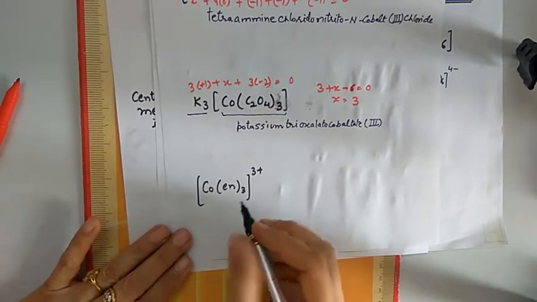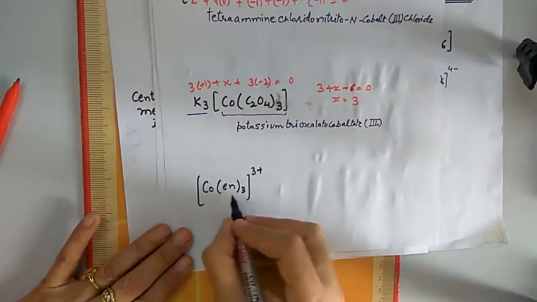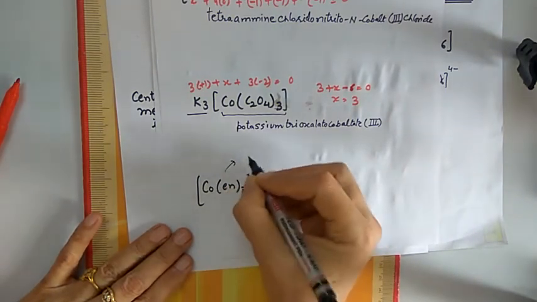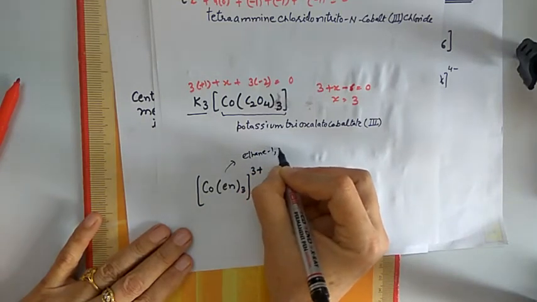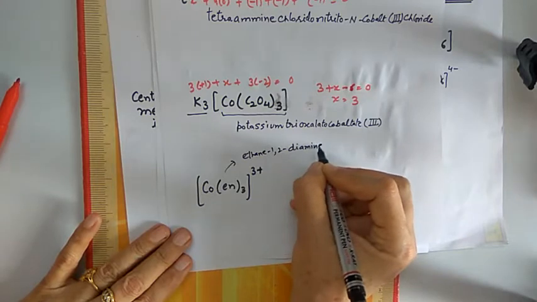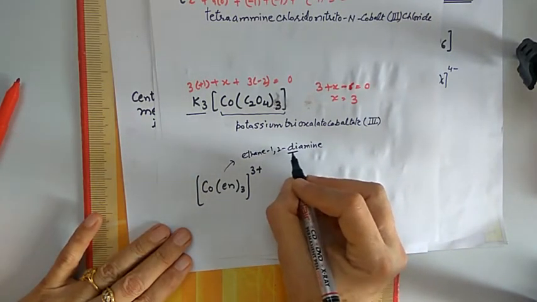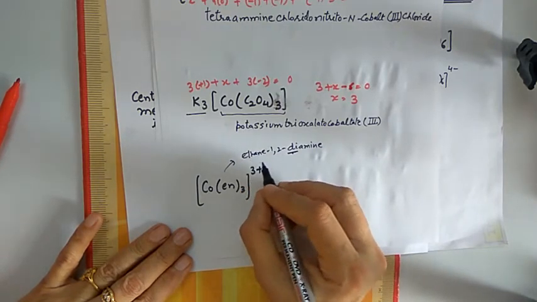Look at this. This is a complex ion carrying positive charge. Write the ligand first. This ligand is ethane-1,2-diamine. As the word di is coming in the ligand, we cannot use di or tri before it.